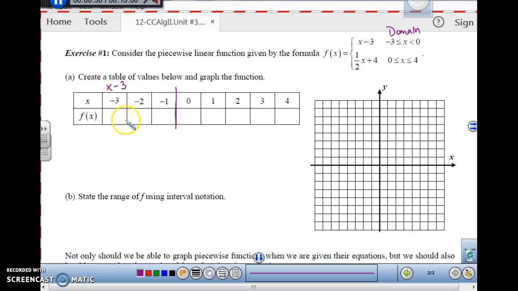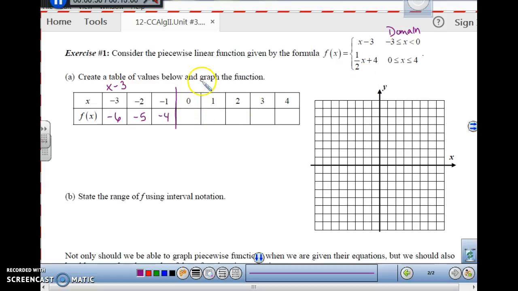So if I wanted to fill in my values, -3 minus 3 would be -6, -2 minus 3 is -5, -1 minus 3 is -4. Now, when I get to 0, that switches to the other function, 1/2 x plus 4, when x is greater than or equal to 0 and less than or equal to 4. So from 0 to 4, I would use this function.